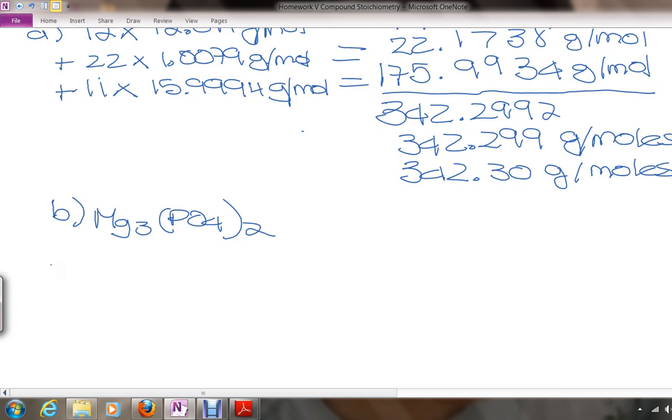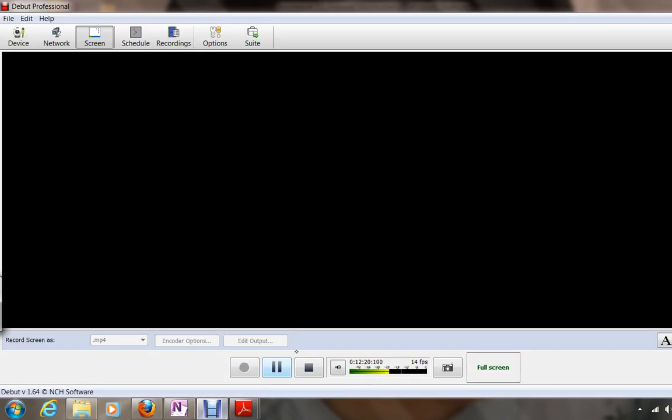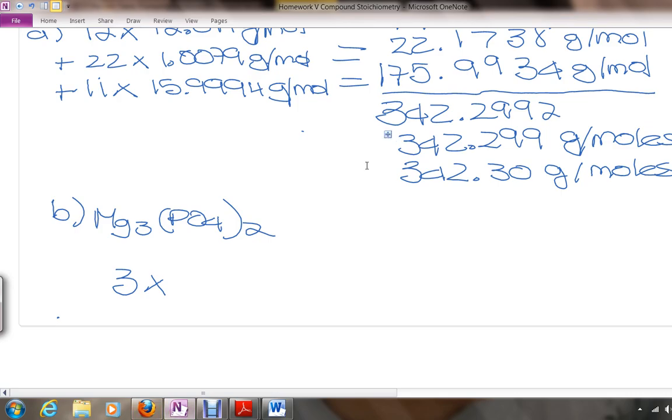So here to calculate that is 3 times the magnesium. So I'm going to put a pause while I look for my periodic table. Okay, it's 24.305 grams per mole, that's magnesium.